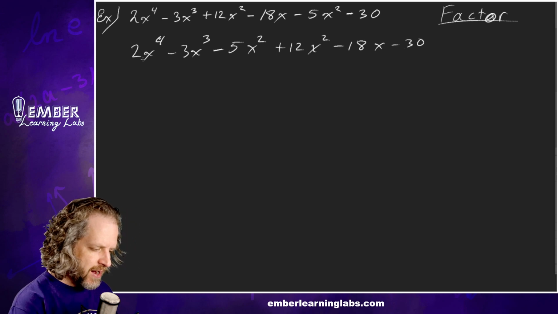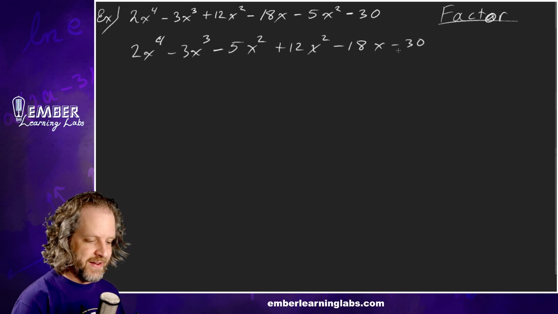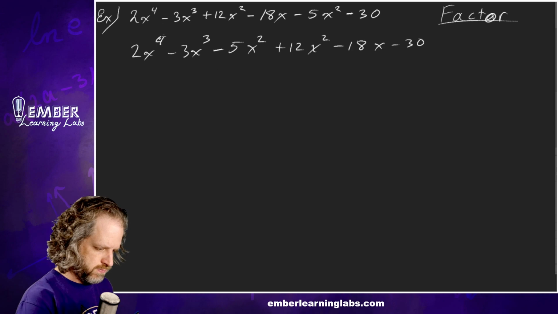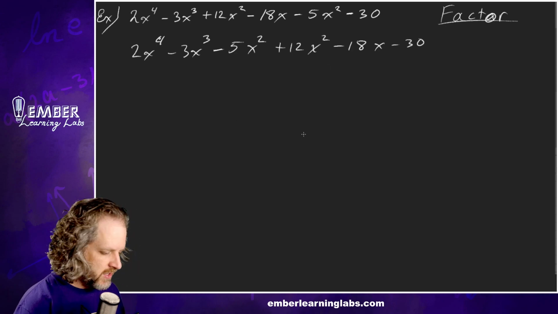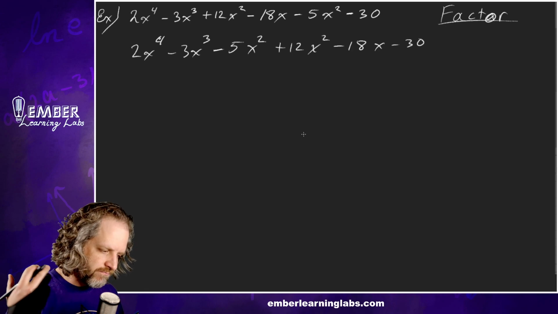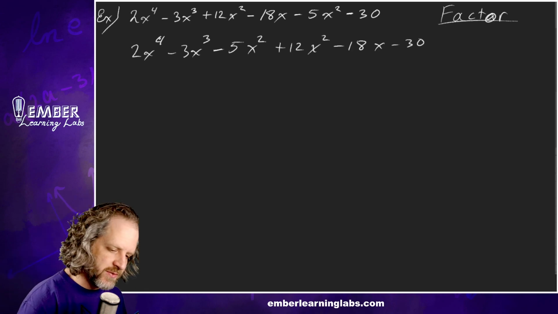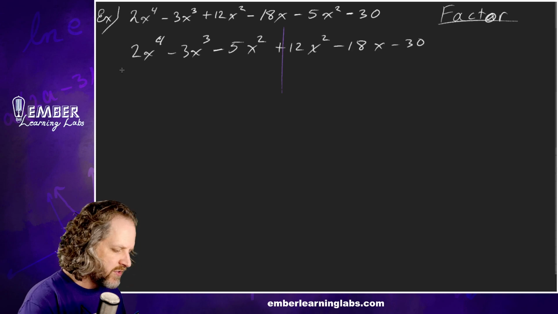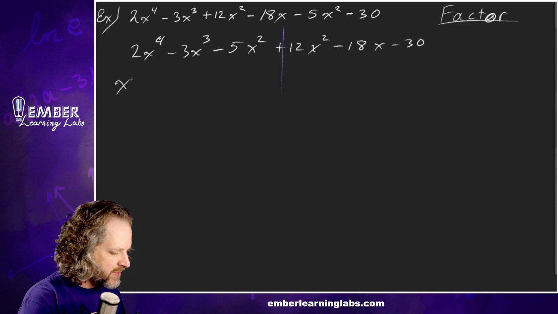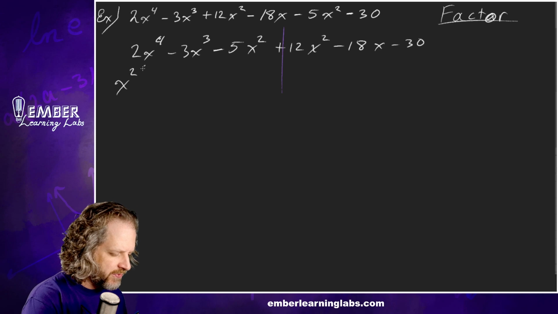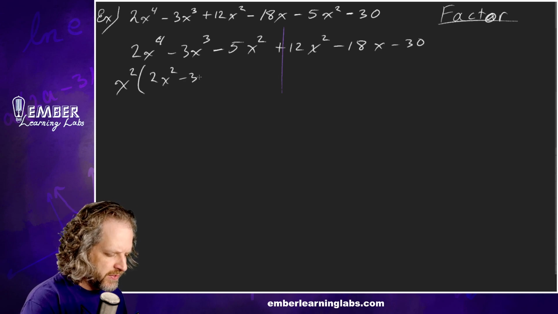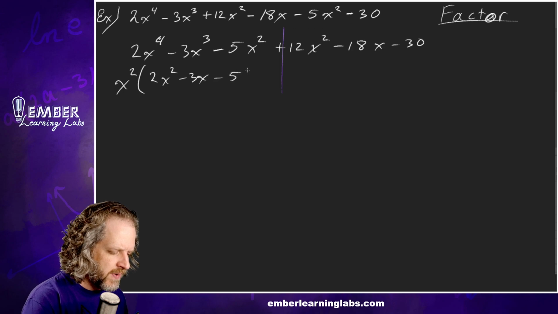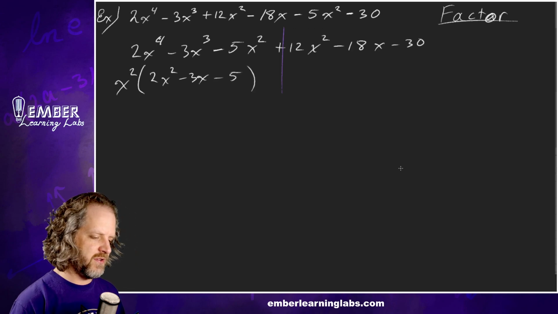All right? So now I've got positive, negative, negative, positive, negative, negative. That looks great. I've got descending order on both of them. Let's split it in half and see what happens. So we've got an x squared in common on the front. So 2x squared minus 3x minus 5 is what's left.